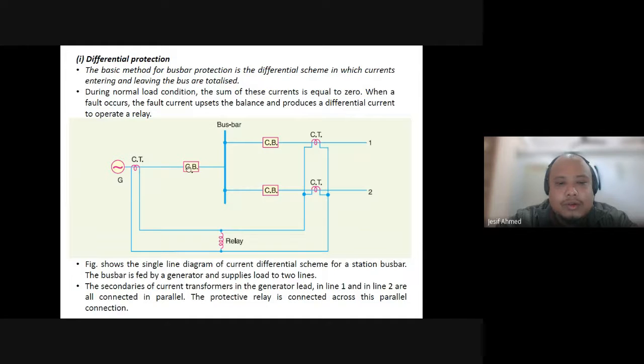Okay. So all the switches connected to the bus bar must be switched off, meaning must be open, so that the bus bar is completely isolated from the power system if there is any fault in the bus bar section.